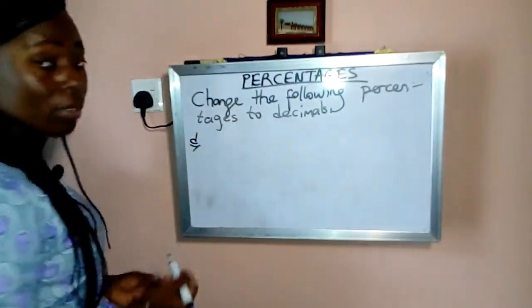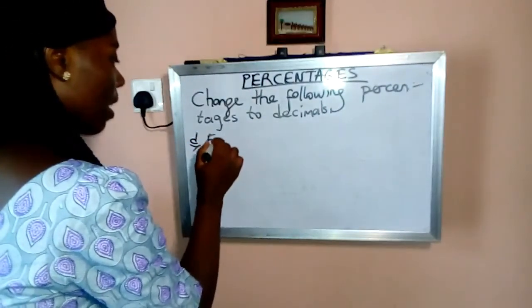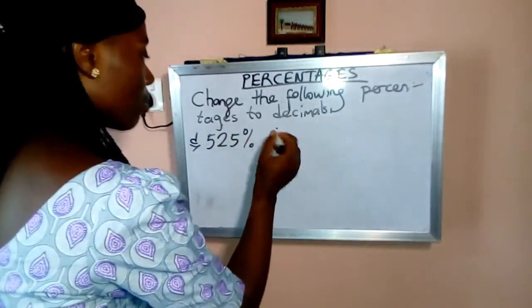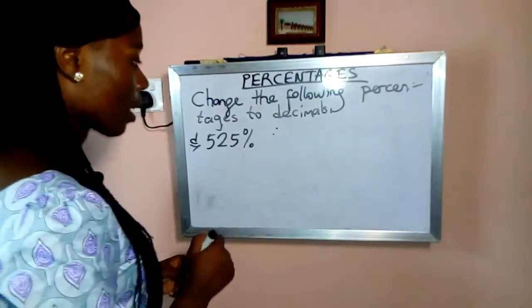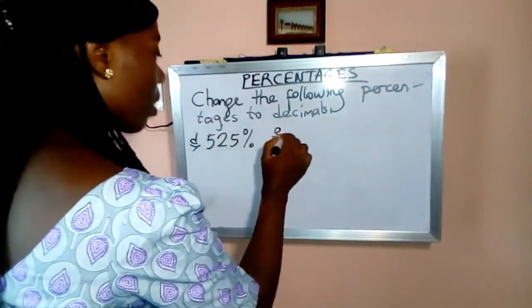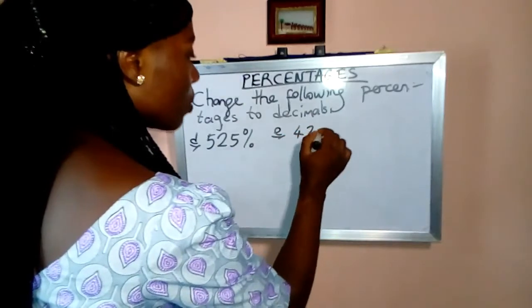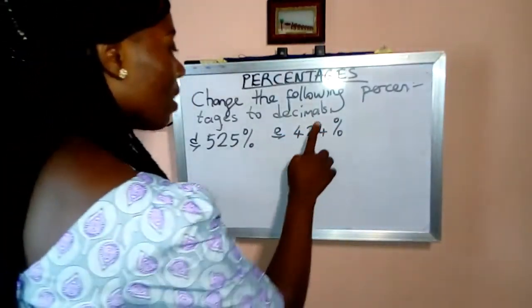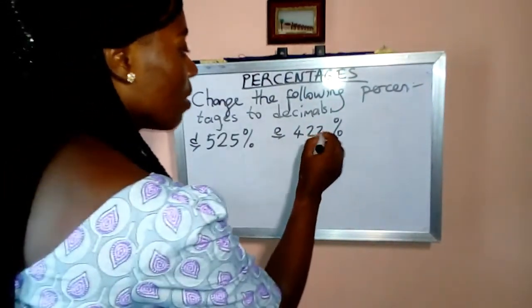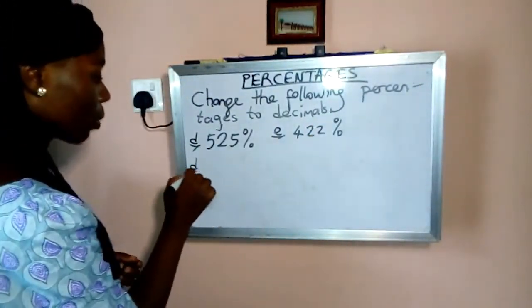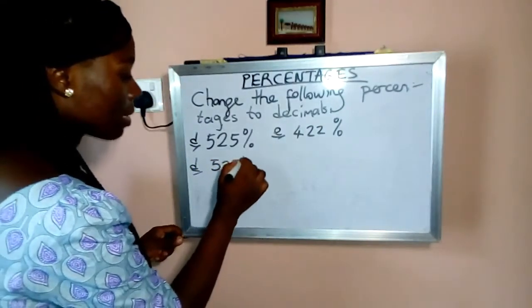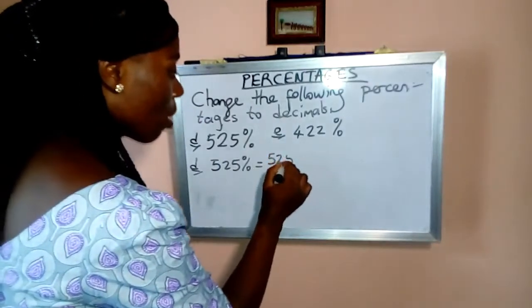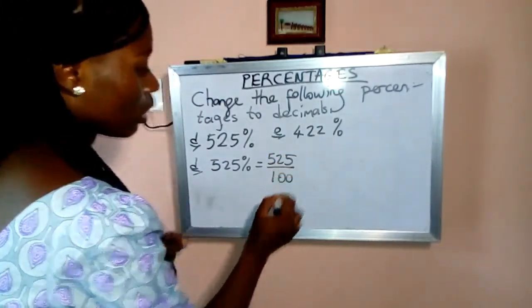Let's see D. If we have, for example, 525%, how do we do this? The same way we did the last one, we'll have 525 all over 100.